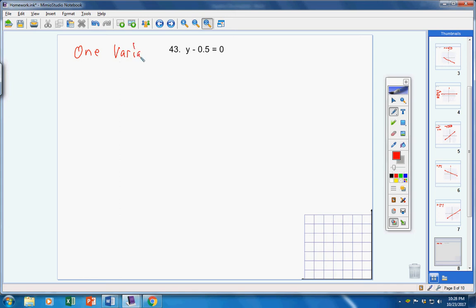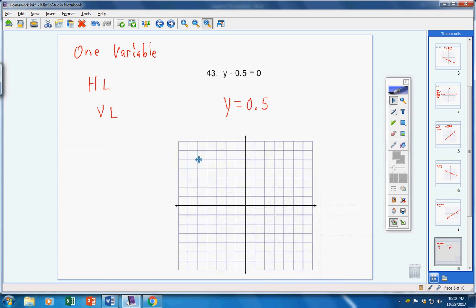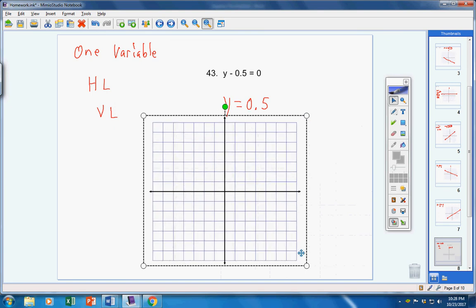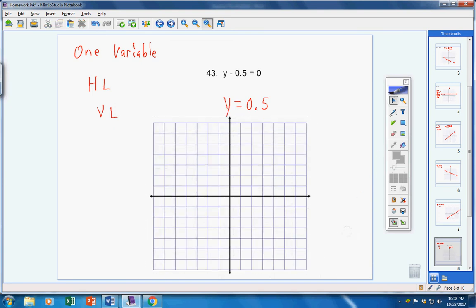Number 43. Now students, notice right away this is an equation that has one variable. Okay? So I know right away I'm going to have either a horizontal line or a vertical line. So let's go ahead and see what y equals. Y equals, bring this over, 0.5. Okay? So we go to the y-axis, and of course 0.5 is just 0.5, so we go here.